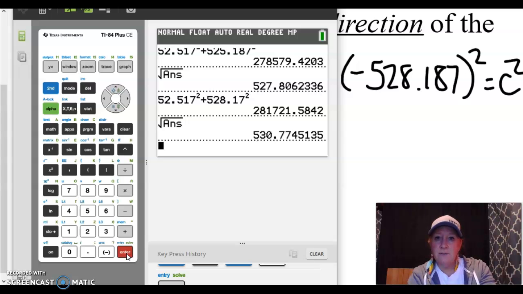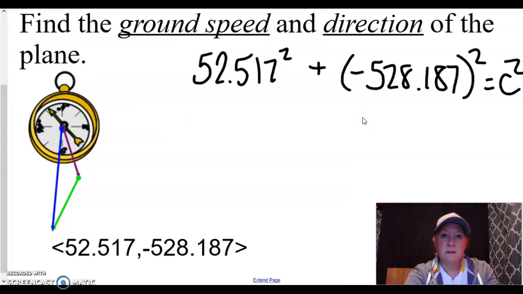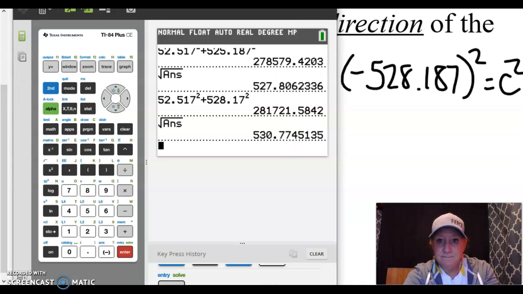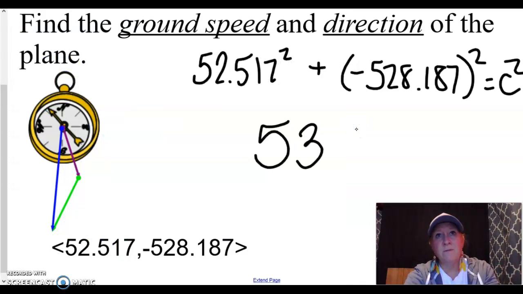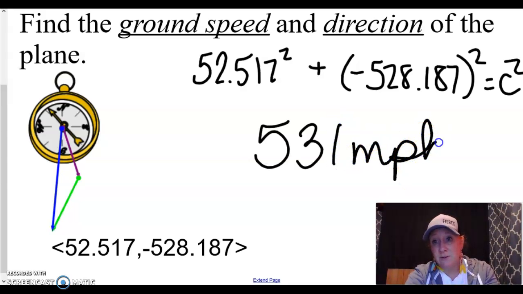So 530.775. About 531-ish miles per hour. Okay, that's going pretty darn fast.